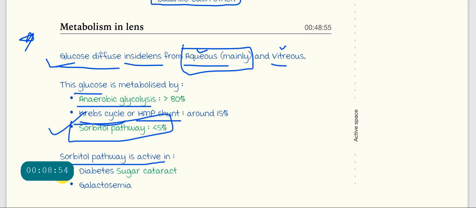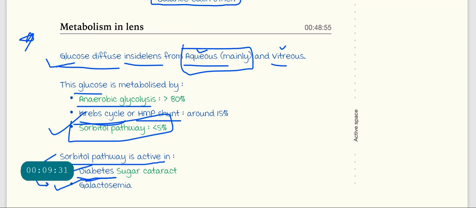In a diabetic patient there is lots of glucose to metabolize, so we metabolize that glucose inside the lens by the sorbitol pathway and anaerobic glycolysis. So that leads to sugar cataract. The sorbitol pathway can also be activated by galactosemia.